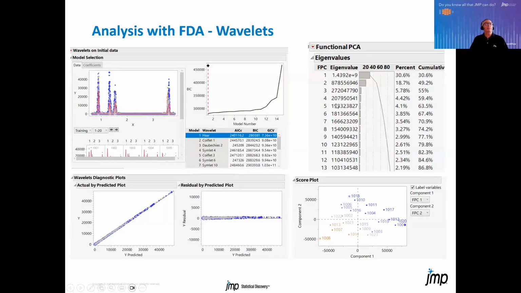And you can see up here, we're explaining about 86%, almost the same amount of variation that we were seeing in principal components, but we're doing it with 5 fewer functional principal components. So already a simpler model. And if we look at the actual by predicted plots, the wavelet function is doing a great job of explaining the variation that's going on here.